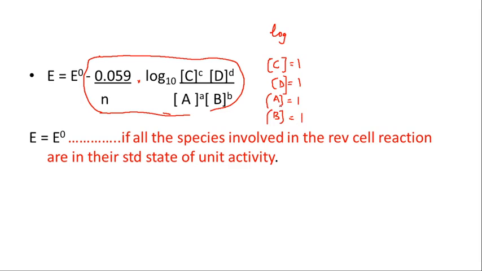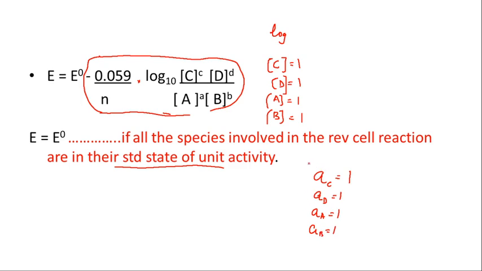So all the species involved in the reversible cell reaction are in their standard state of unit activity. That is, activity of C is equal to 1, activity of D is equal to 1. It means the same thing, that is, the concentration is equal to 1.